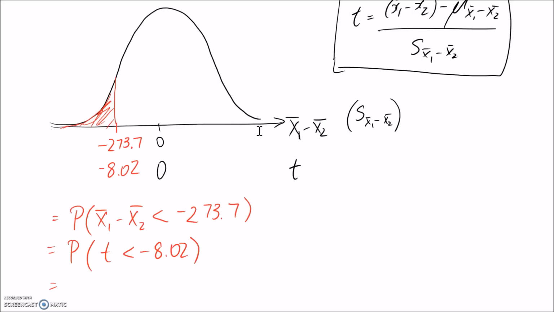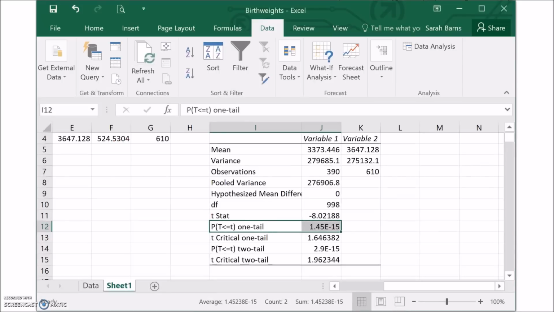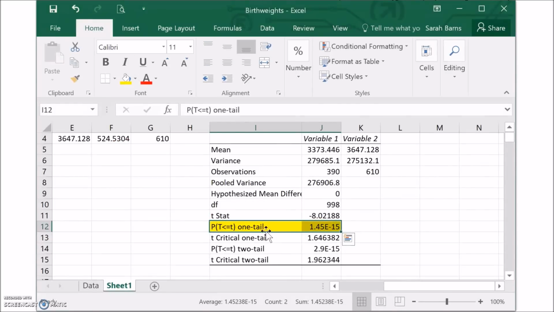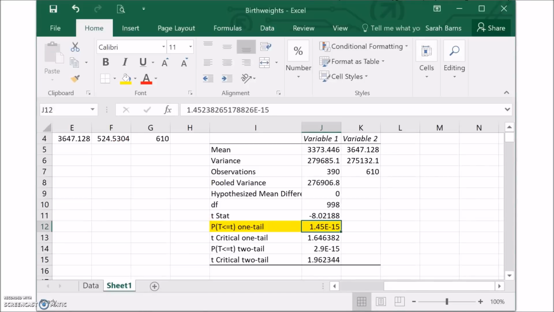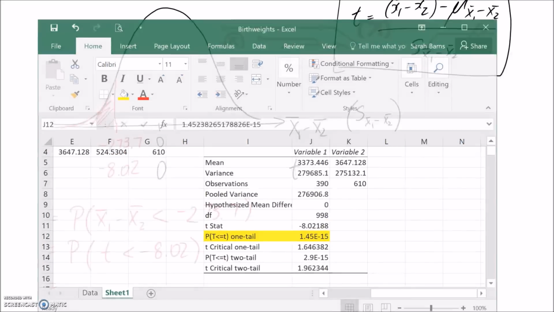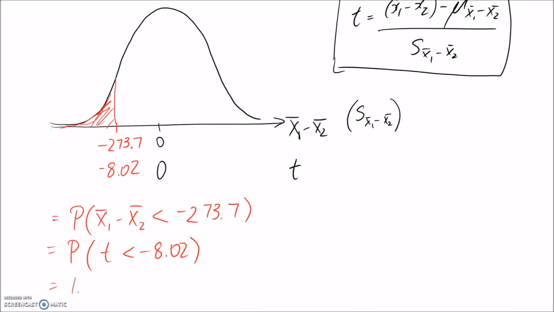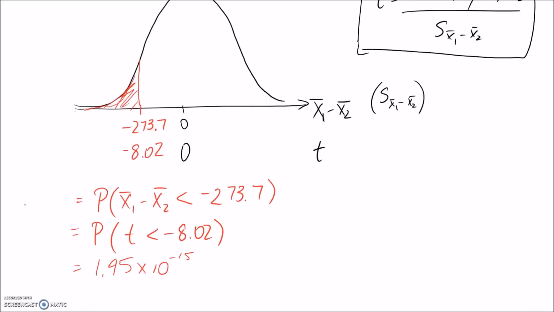If you had a second tail on the upper side, then you would do a two-tail test. But we're one tail, so this one here, let me highlight it. This is telling us the probability of sitting in this region here. It's an incredibly small number, 1.45 times 10 to the negative 15. So this all equates to our p-value.